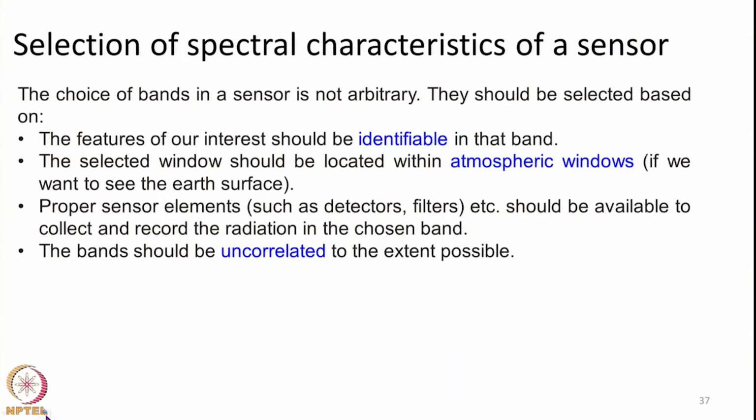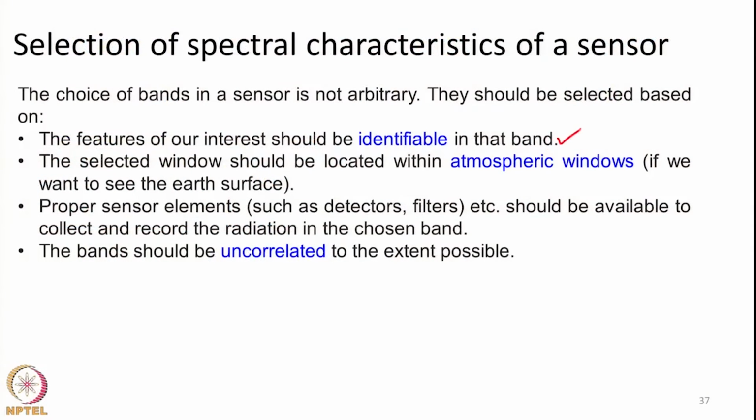So, the selection of spectral characteristics of a sensor. The choice of spectral bands or the spectral characteristic of a sensor is not arbitrary. You cannot just pick that this sensor should have 10 bands with these bandwidths, that is not the case. Each thing has to be selected with proper reasoning. Some of the factors that one should consider for selecting the spectral characteristics of a system are: first thing, the feature of our interest should be identifiable in that band.